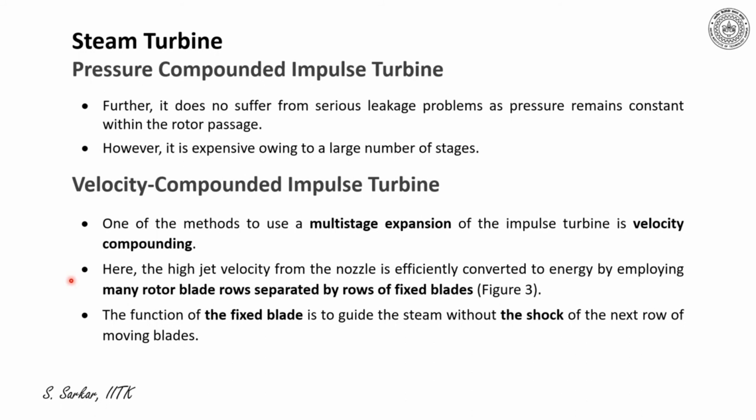Thus, there will be rows of rotor blades separated by fixed blades. Now, the function of the fixed blade here is to guide steam without shock to the next row of moving blade.